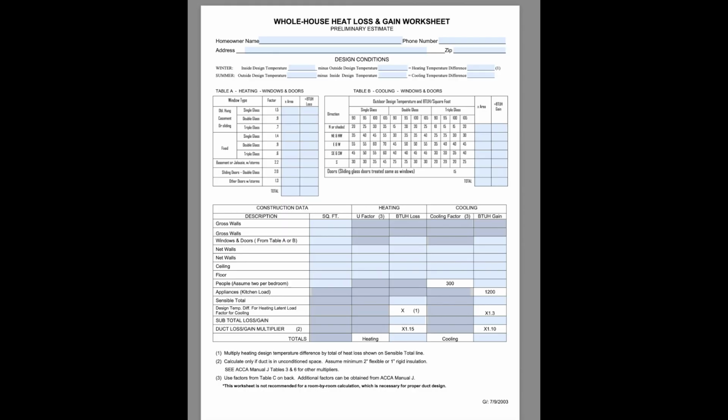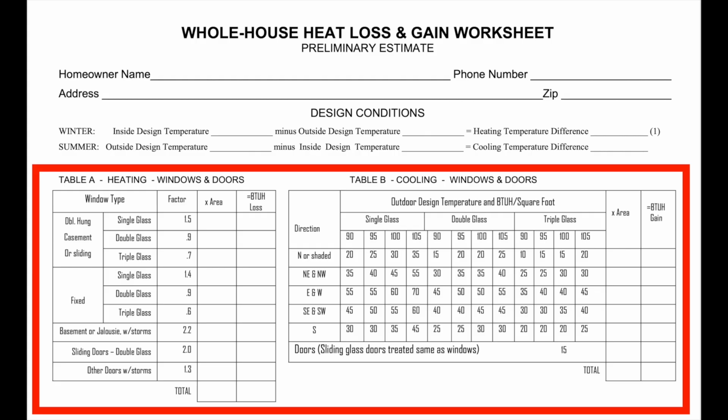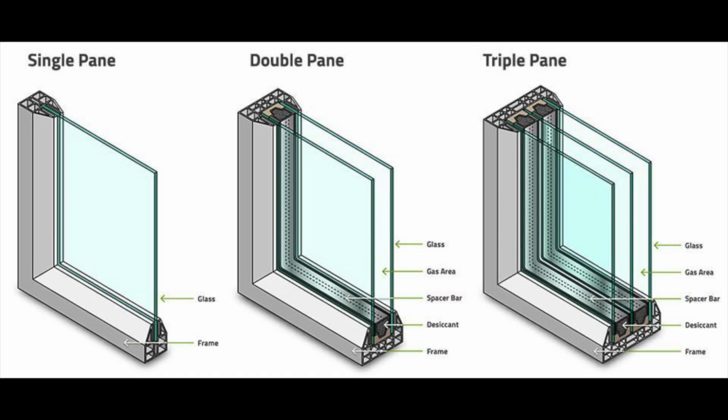The other things we're going to look at in this worksheet are the windows and doors. Why are windows and doors important? Because windows can be a place where we lose heat and gain heat as well. Some windows only have a single glass. Some newer homes have double pane or double glass.